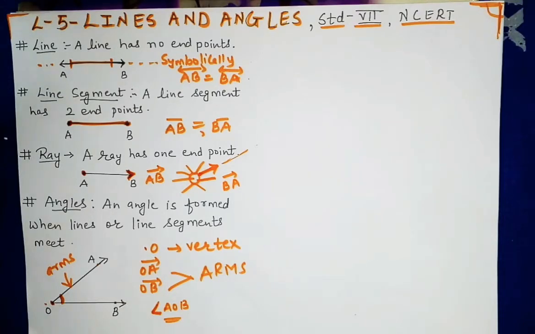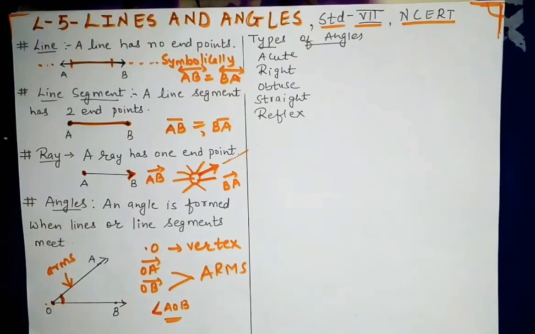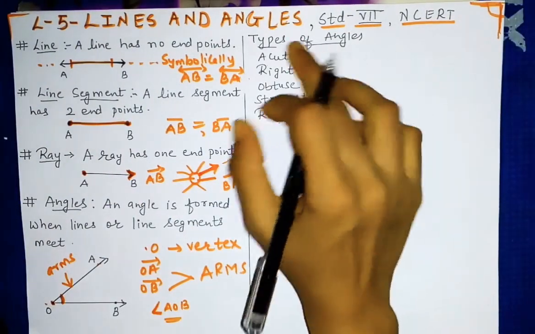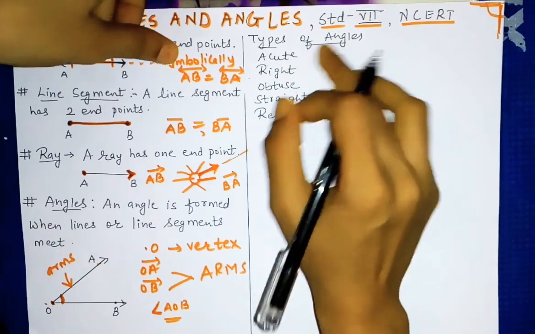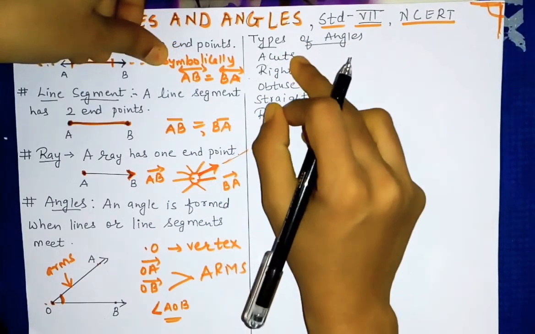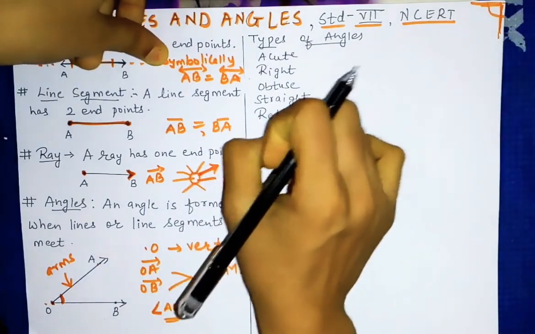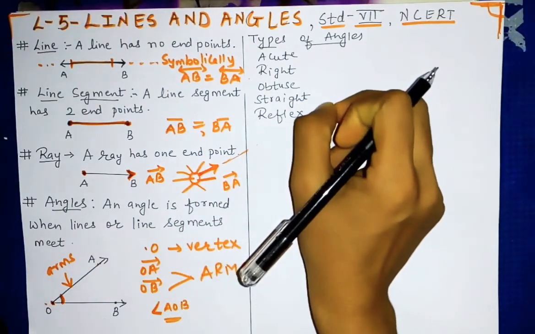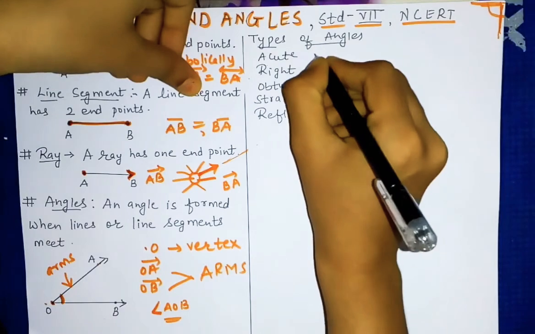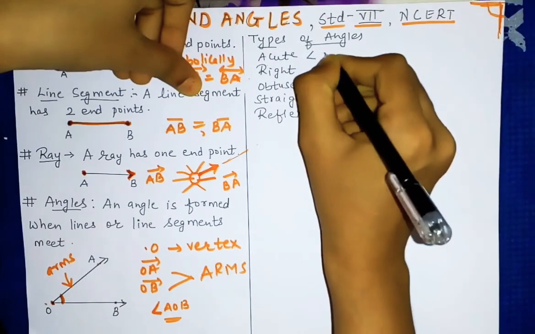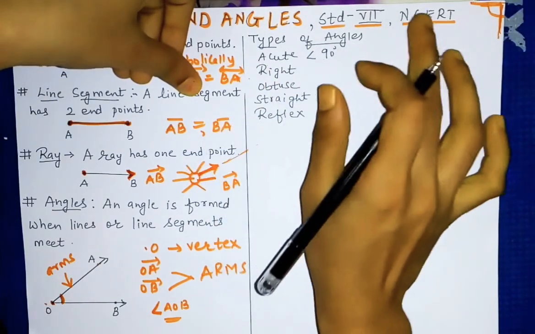Now when we talk about angles, you have also heard about types of angles. Now you have already studied types of angle. So these are the types of angle: acute angle, right angle, obtuse angle, straight angle, and reflex angle. You have studied these in your lower class. Acute angle means the angle whose measure is less than 90 degrees.